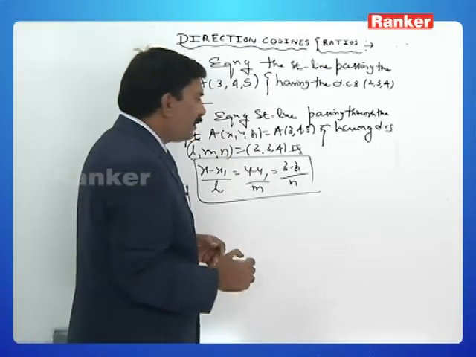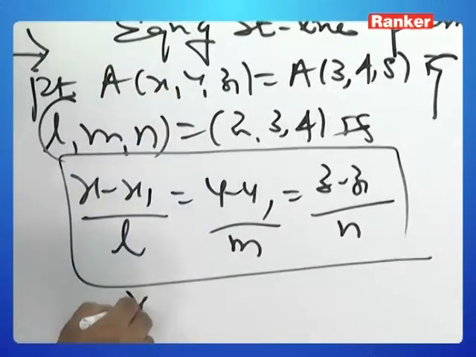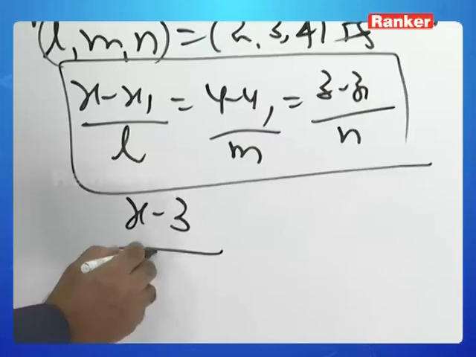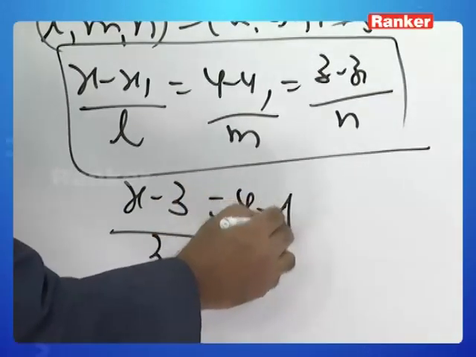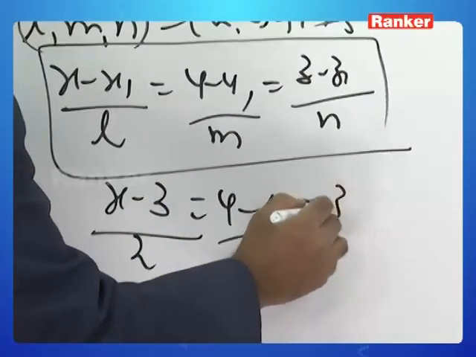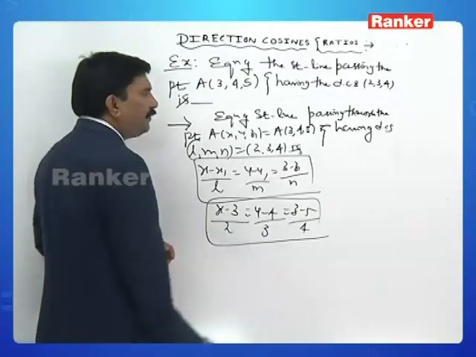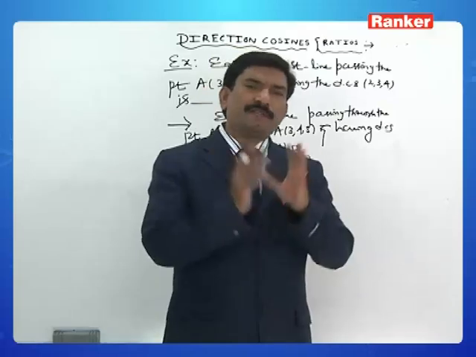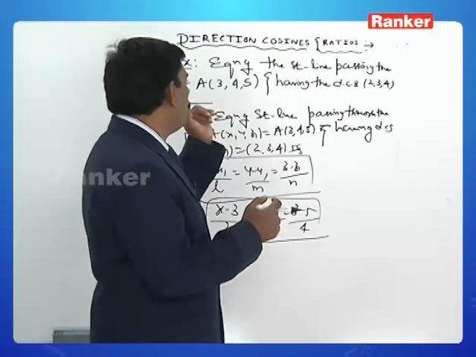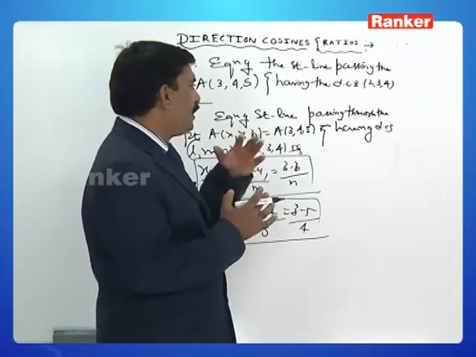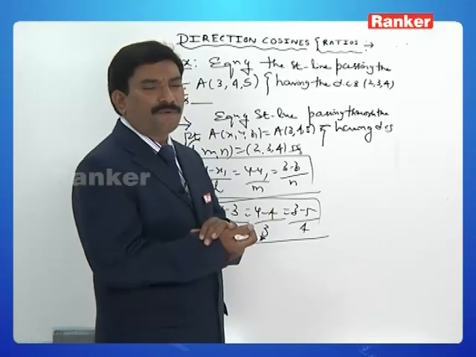Substitute the corresponding values. This becomes (x minus 3) by 2, (y minus 4) by 3, (z minus 5) by 4. This is nothing but the equation of straight line passing through the point A of 3, 4, 5 and having the DCs 2, 3, 4.